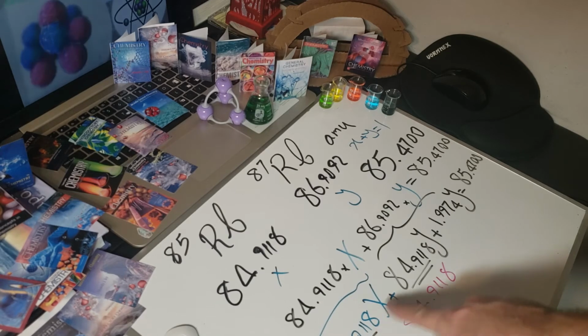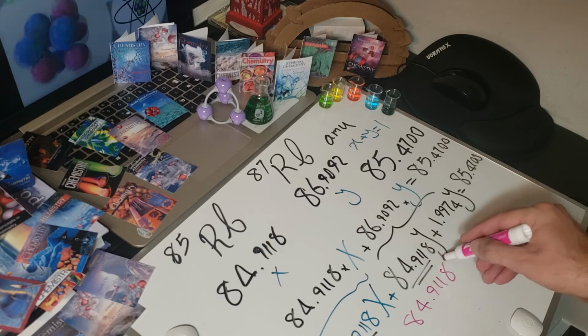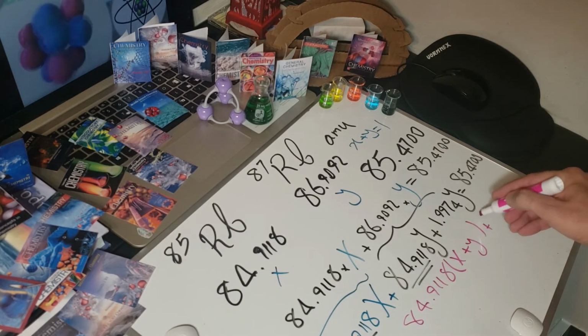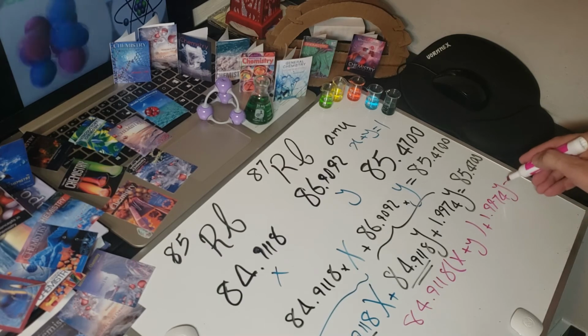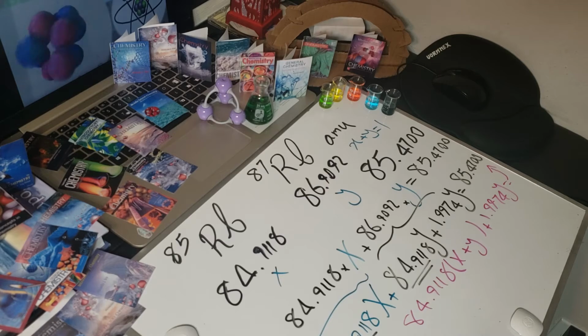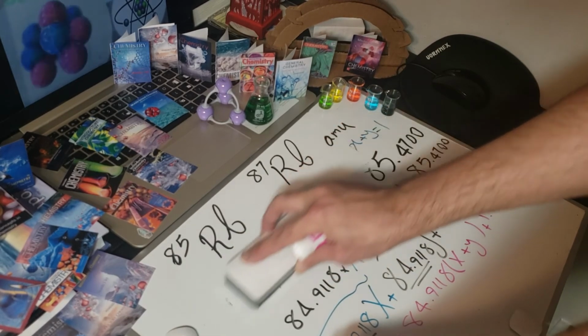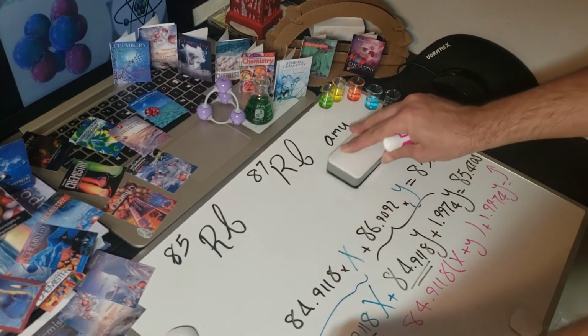This blue number here and this black number are exactly the same. I just factor it out, so 84.9118 times x plus y, plus 1.9974y is equal to that same number. Okay, so let's use up this space here to move on.